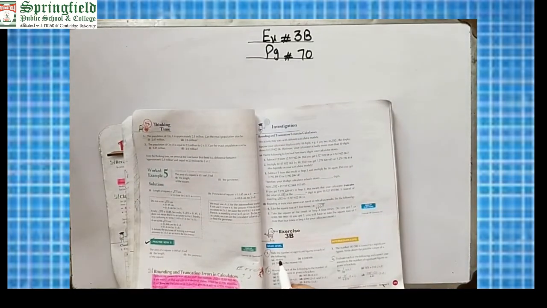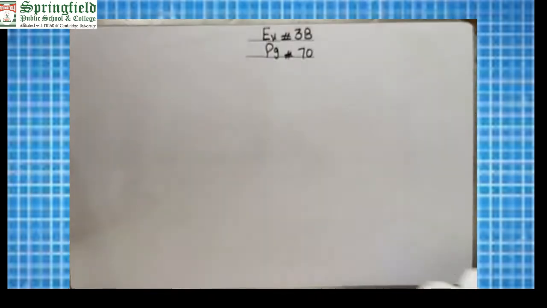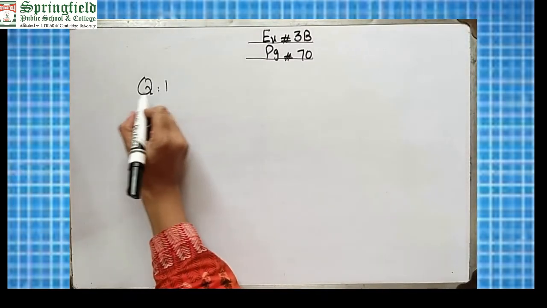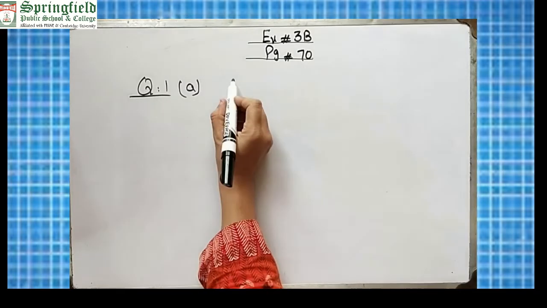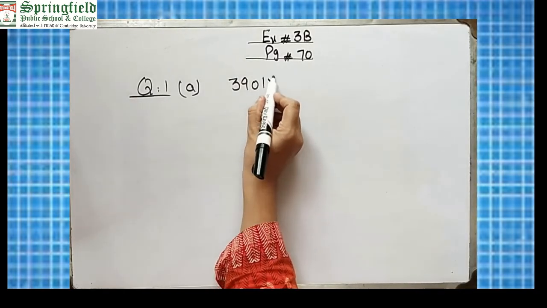Question 1 is: state the number of significant figures in each of the following. Find out how many significant figures these numbers have. The first part, A part. The number is 39018.